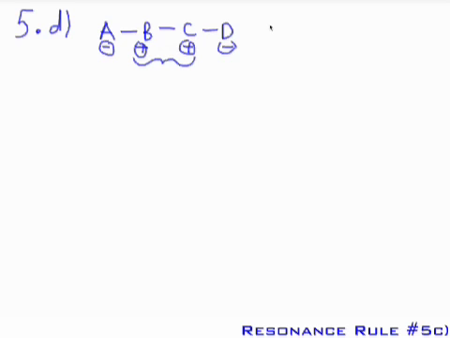Okay? And that should have been labeled C. Sorry. Now point D. So adjacent positive charges are unstable and unfavorable. So they lead to minor contributors.